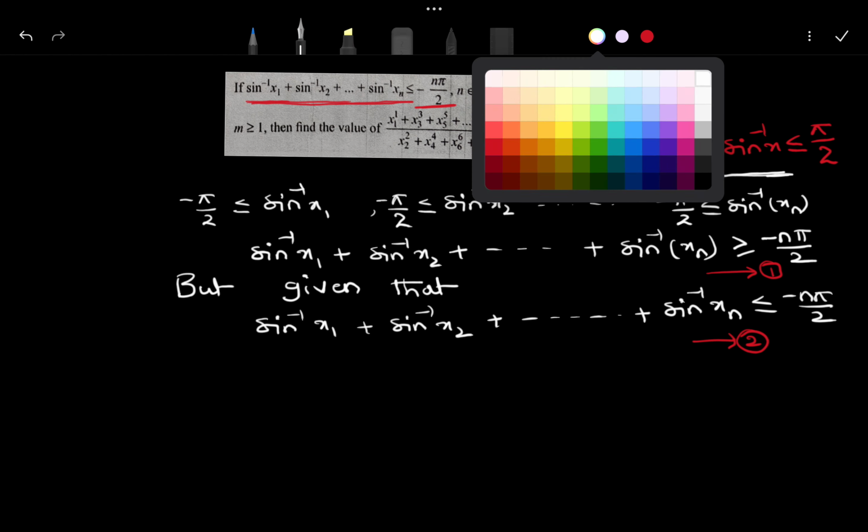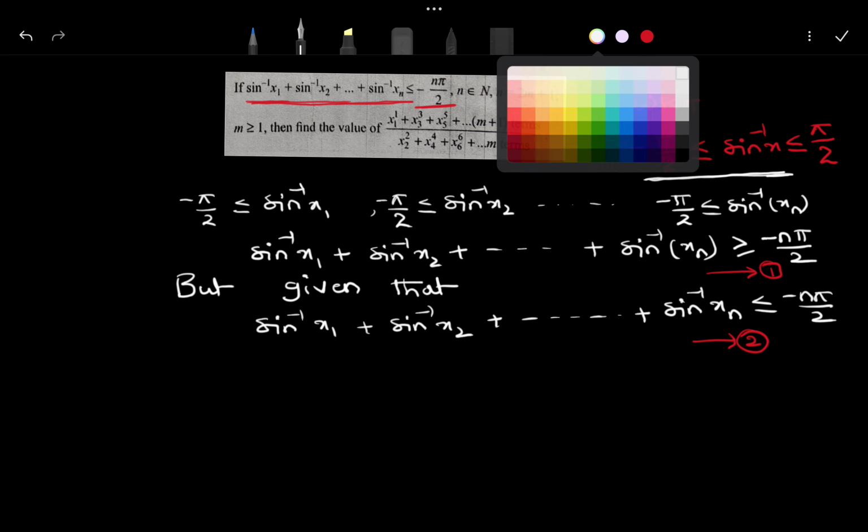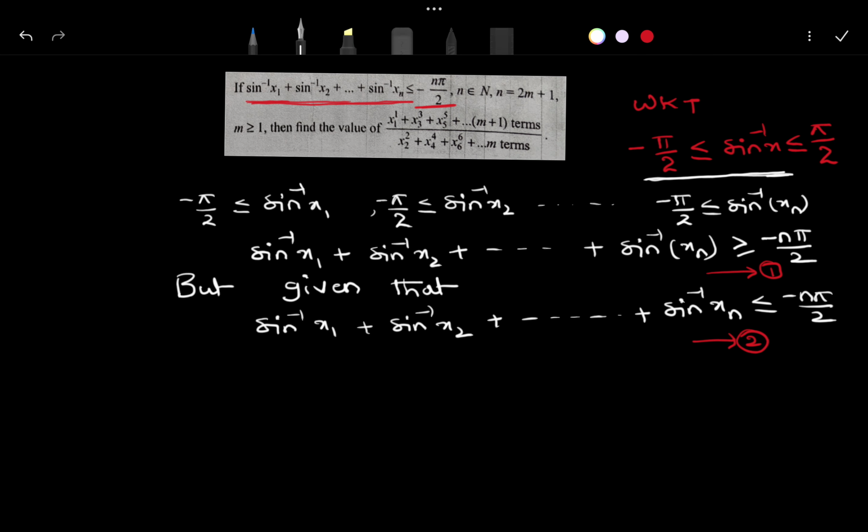That's why you can write, therefore, sine inverse x1 plus sine inverse x2 plus and so on plus sine inverse xn should be equal to minus n into pi by 2.